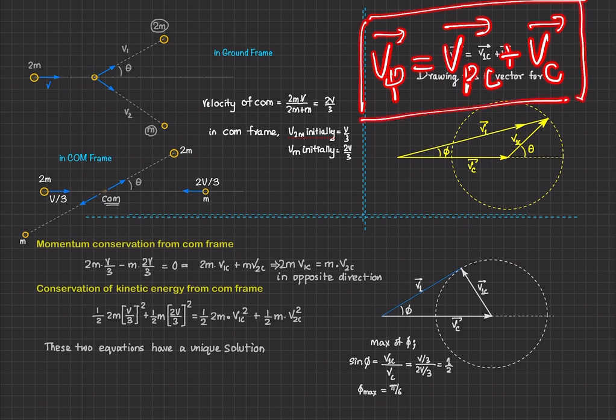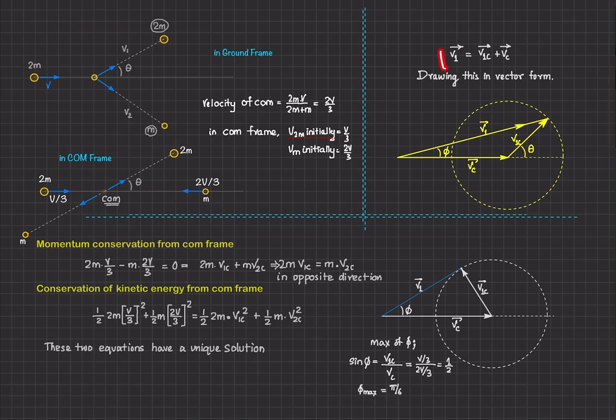We will use this concept now. I am writing V1. V1 is the velocity of 2m with respect to ground. So V1 equals V1c, the velocity in the center of mass frame, plus the velocity of center of mass. So the velocity of the 2m mass with respect to ground equals the velocity of 2m with respect to the center of mass plus the velocity of center of mass.